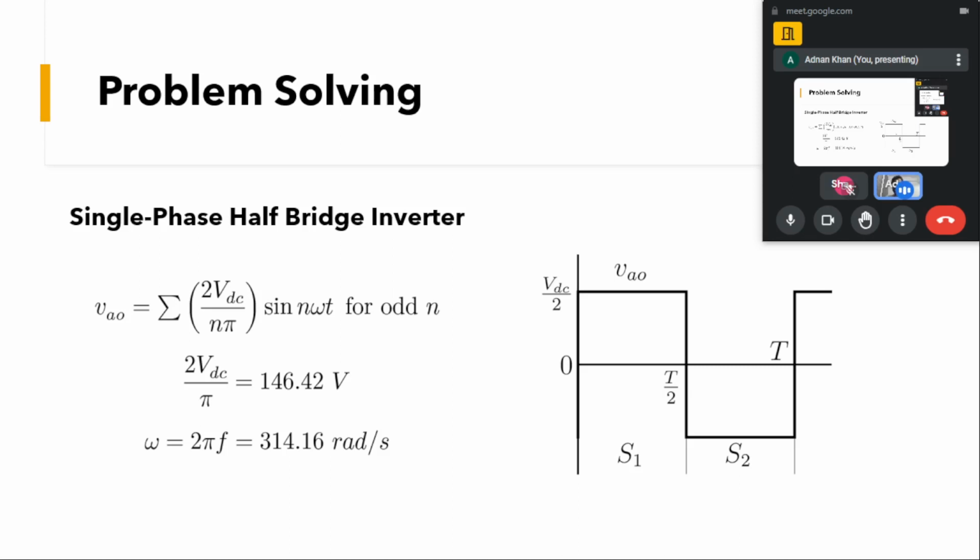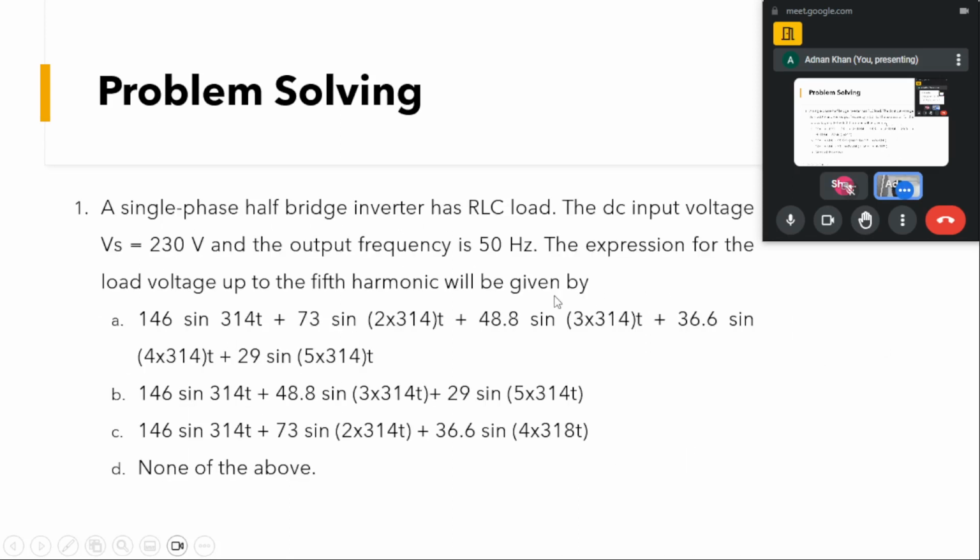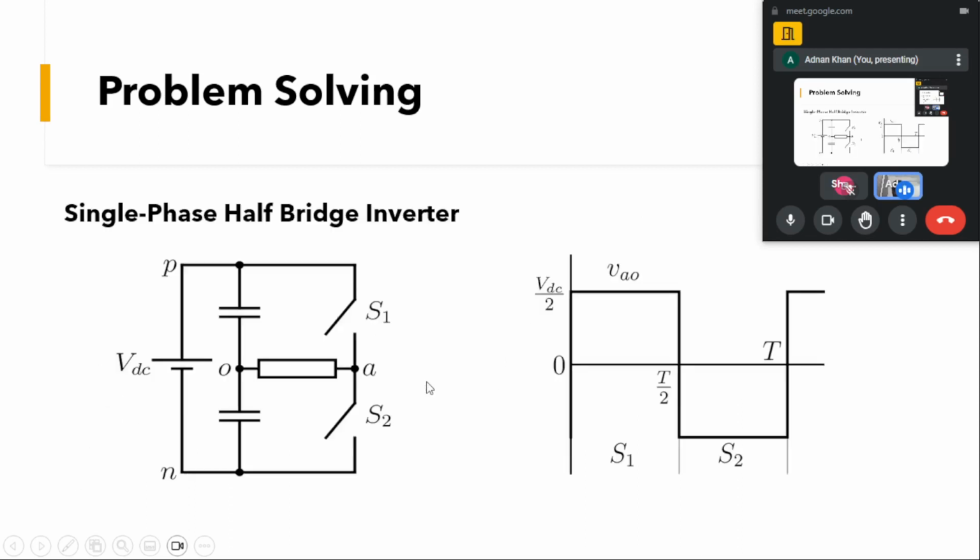There will be only odd harmonics. So the even harmonics are eliminated. That means the first option and the third option are not correct, because they have even harmonics like 2 and 4. That leaves option B and D. Now we will see what will be.